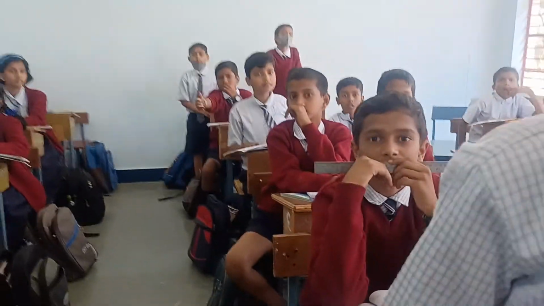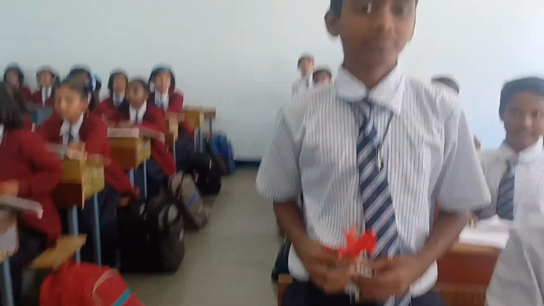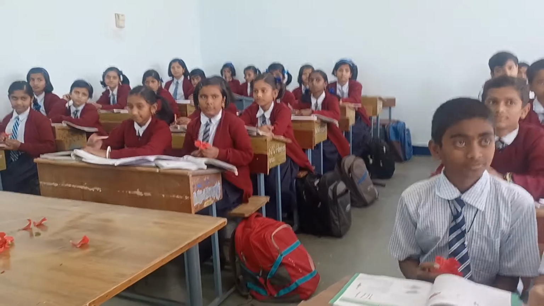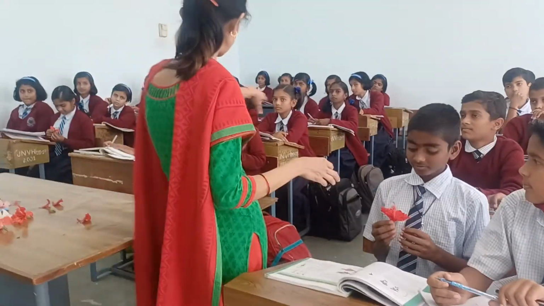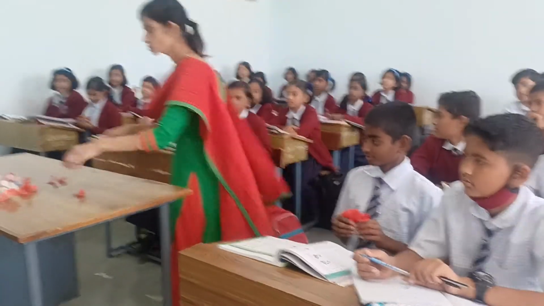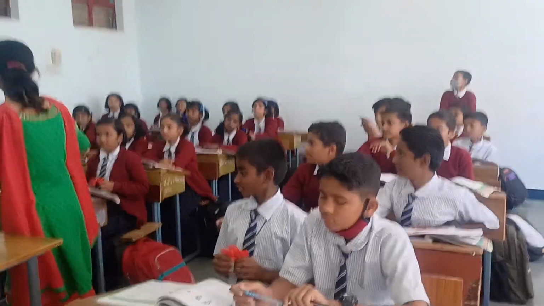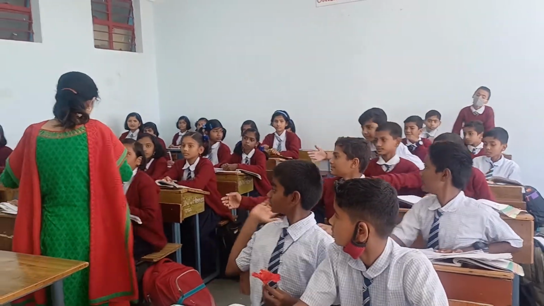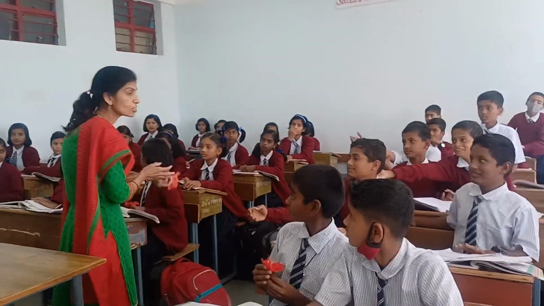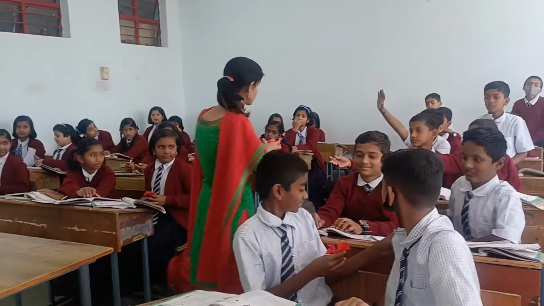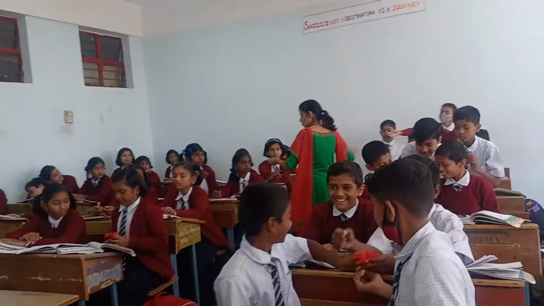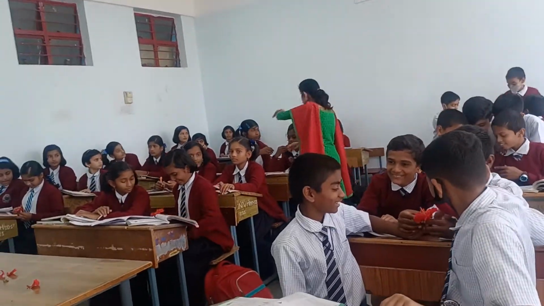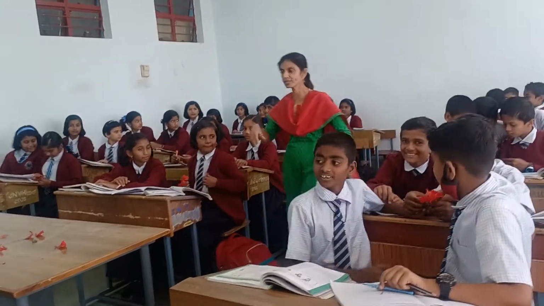Now students, four groups, four students in a group. For these 4 I have given one flower. For these 4 I am giving you one flower. Then these 4 students, one flower. That side also I can give.